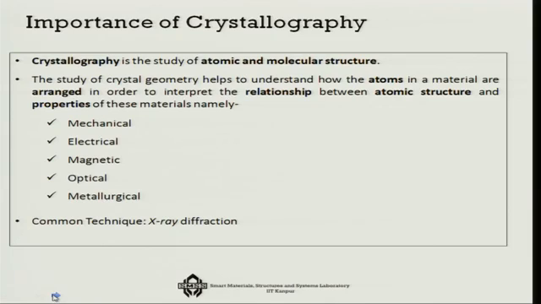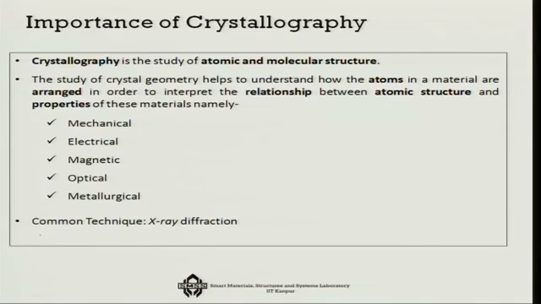Now, here we will come to a very important topic which we have to know a little bit, that is called crystallography, which is nothing but the study of the atomic and molecular structure. This is the study of crystal geometry, particularly because we will be working on ceramic materials and metals, which show much more regular crystal structures.